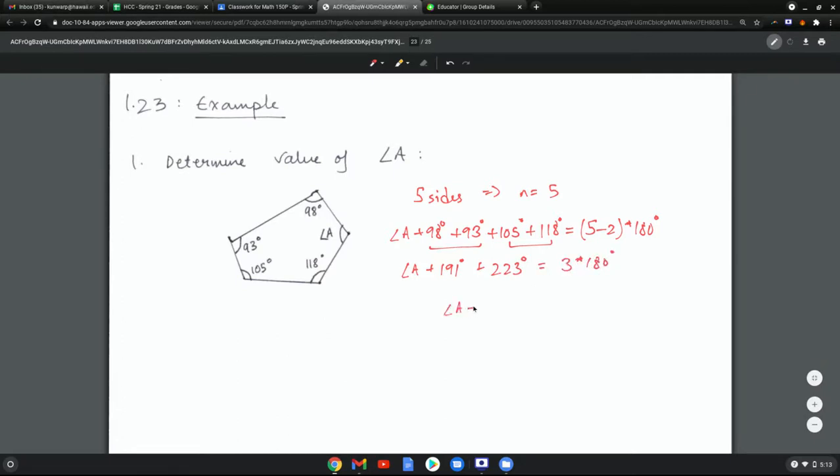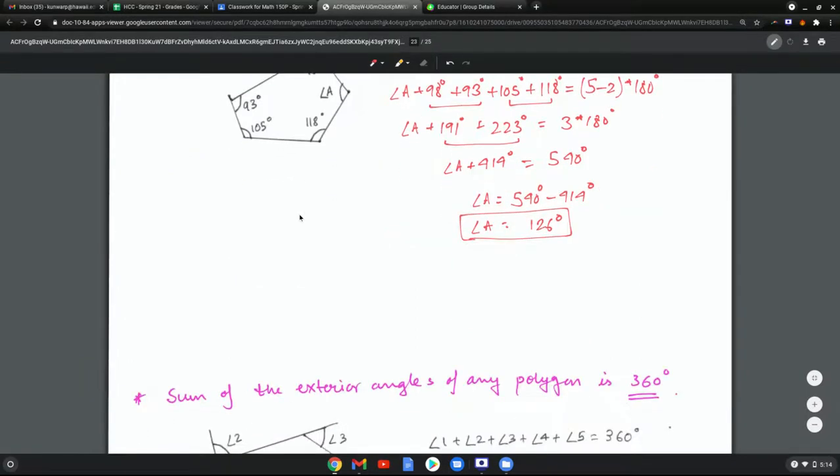Or angle A plus, combine these, it's going to be 300, 410, 414. 3 times 180, that's 30 and 24, so it's 540 degrees, which means angle A is 540 degrees minus 414, which is 126 degrees. So you can find the missing angles.